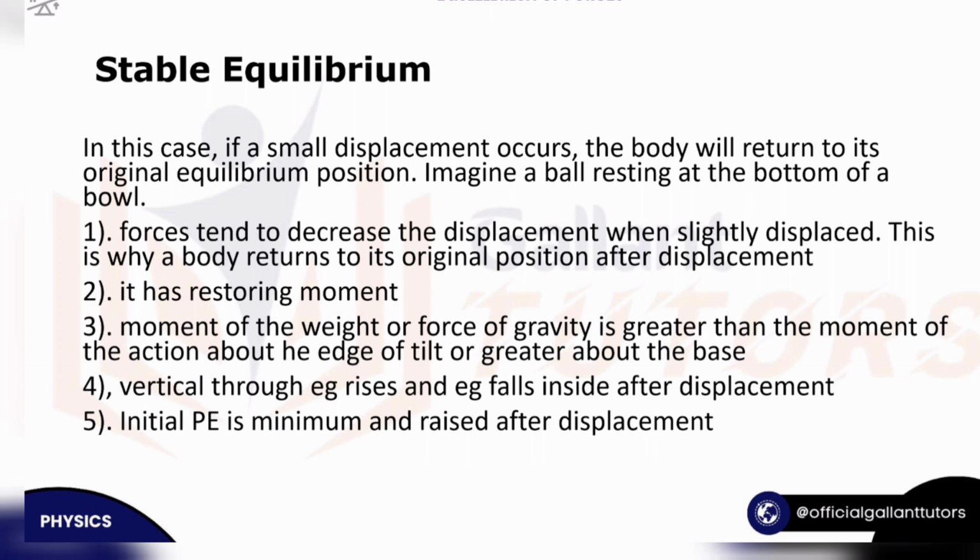It actually changes, but if any external force affects the economy, it goes back to its initial position. So it's still related to stable equilibrium. In this case, if a small displacement occurs, the body will return to its original equilibrium position. Do you understand that? Okay, now let's imagine a bell, something like this.